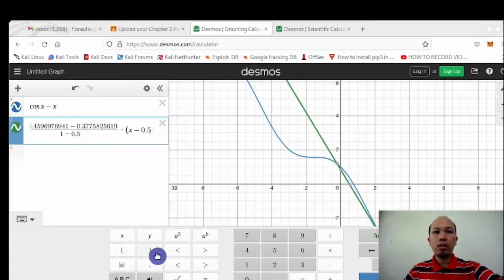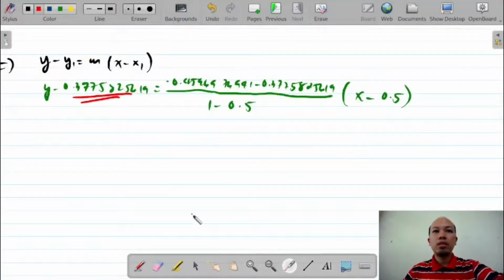Okay, and then close, and then we transpose f2. This one becomes positive on the left side.